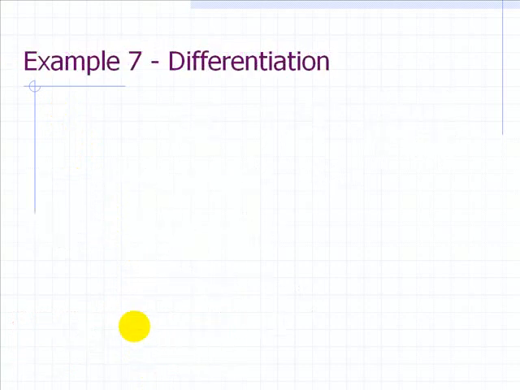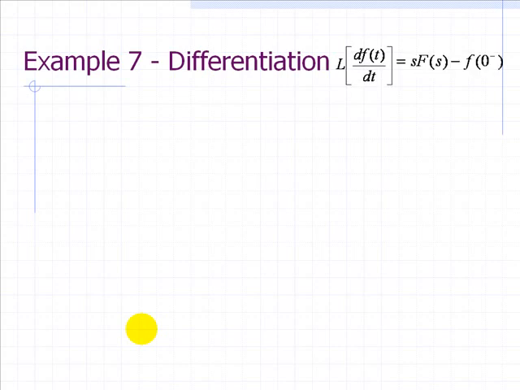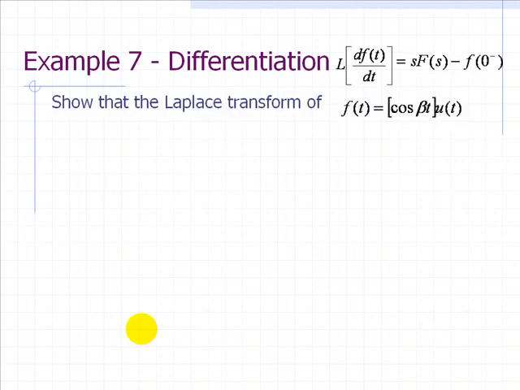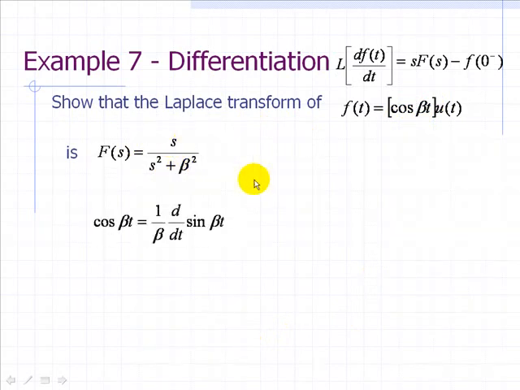Here's an example with differentiation. We want to show the Laplace transform of a cosine, but we already figured that out for a sine. Notice that in an earlier example it's s squared plus beta squared; this time we have an s in the numerator.